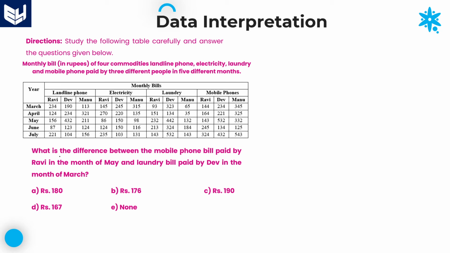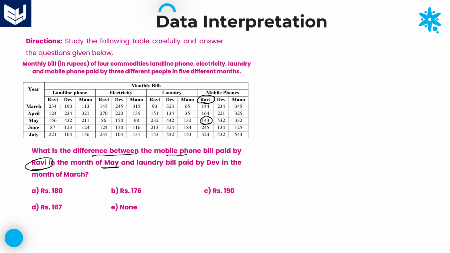Third one. What is the difference between the mobile phone bill paid by Ravi? Mobile phone means that is the last one, and that too we are talking about Ravi. In the month of May, what is the value for Ravi? That is 143.